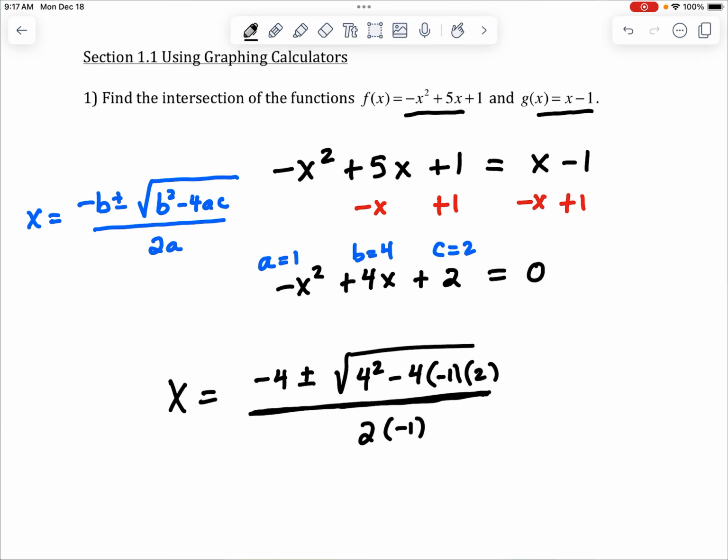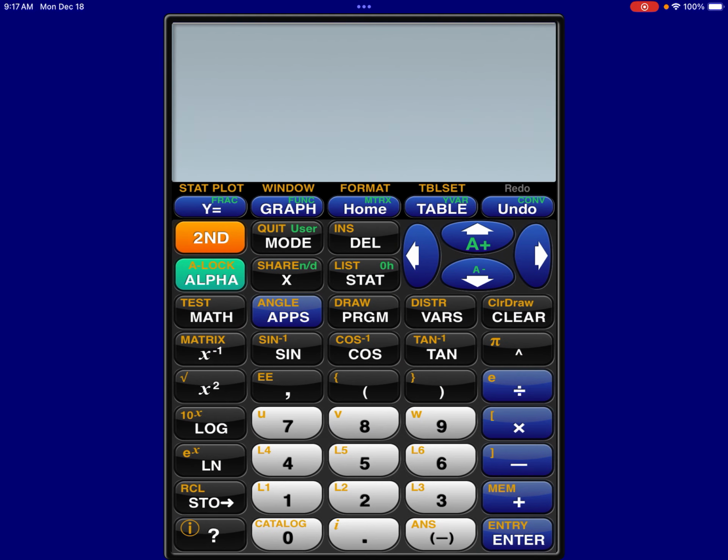So let me move over to the TI-84, and first of all, I need to put parentheses so the calculator knows this is what's on top of the fraction, or the numerator. So I need the square root, and then I can just type in exactly what I had written.